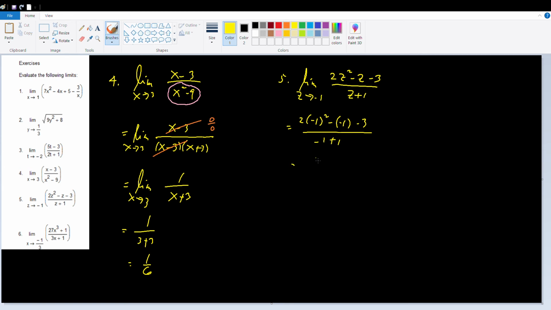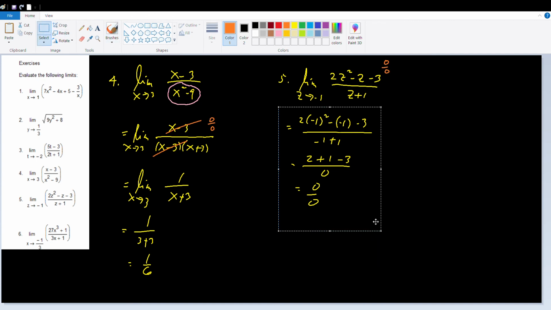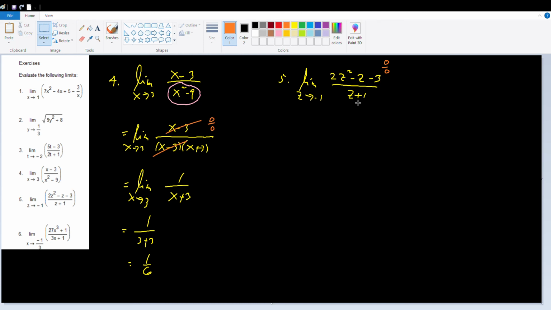So 2 times negative 1 squared is 2. Then negative of negative 1 is positive 1 minus 3 over 0. Again, we have an indeterminate form. So by substitution, it results to 0 over 0. So what do we do? We try to get rid of the factor c plus 1.